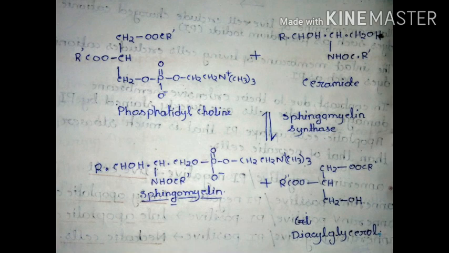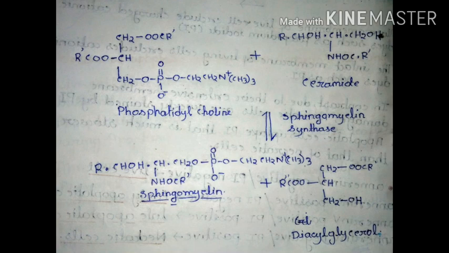Here, with the enzyme sphingomyelin synthase, there is another important term, synthetase. There is a difference between synthase and synthetase. In the case of synthetase, ATP is used to proceed the reaction, but in the case of synthase, no ATP or energy is required to complete the reaction.